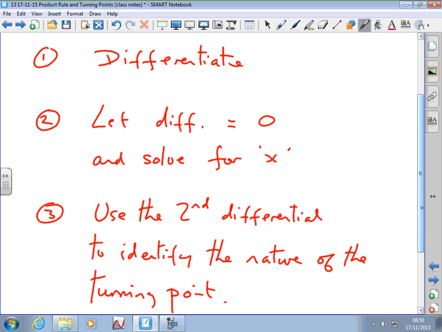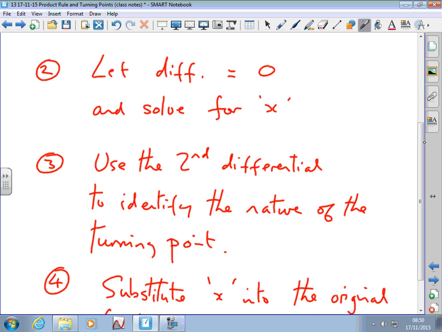And that's where the problems might start, because solving that equation involves algebra. And remember, the problem with calculus is not the calculus, it's the algebra. So we're going to have to solve an equation, and then we use the second differential to identify the nature of the turning point.